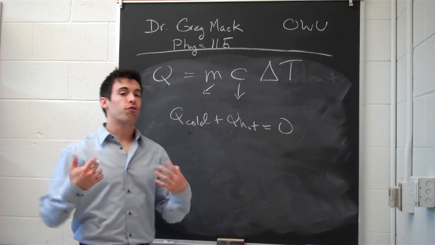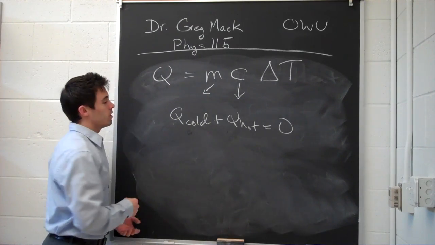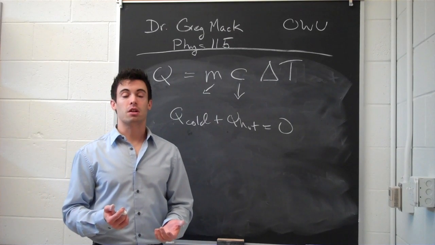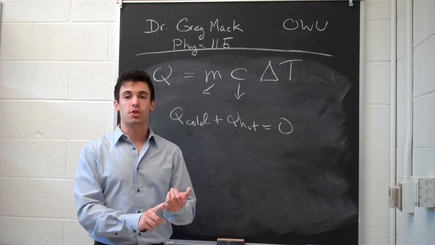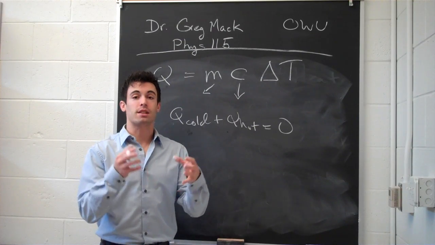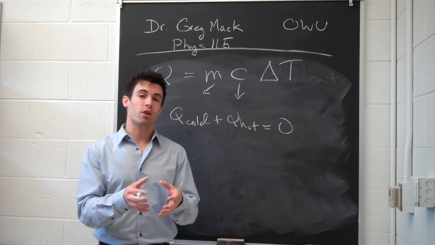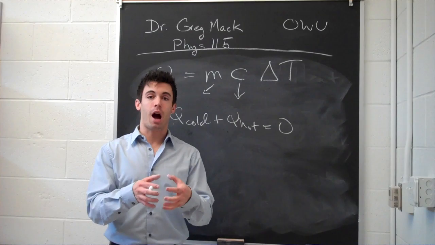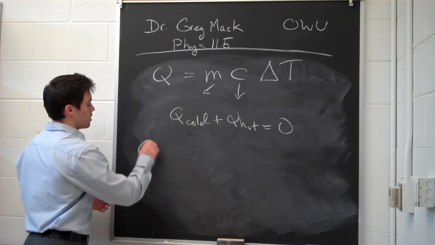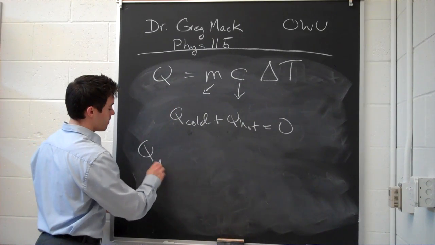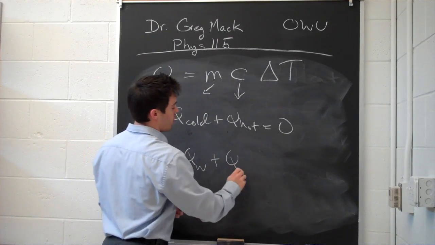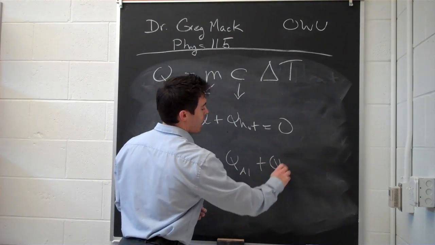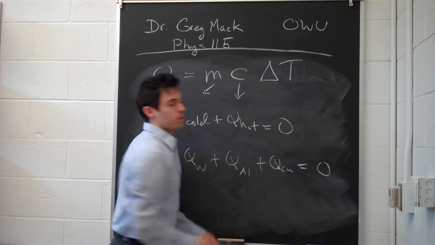So if you have 4 things that are involved, like the example that we had in class, where you have a hot piece of silver that's placed into a container of water, and that container is aluminum, you have water, and you also have a copper stirrer, then that would be Q of the silver plus Q of the water plus Q of the aluminum plus Q of the copper would end up being 0.